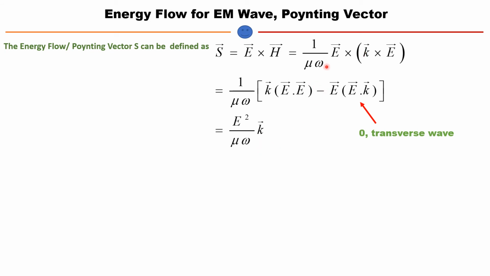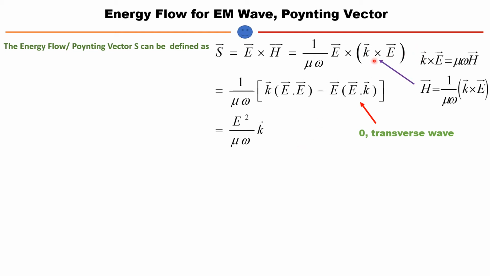Now from the vector identity, we see E dot E minus E into E dot K. This term is 0. So it is the electric field amplitude squared, and you can get that magnitude value divided by the mu and omega term, along the direction of propagation. So it indicates electromagnetic energy propagation along the direction of the wave.